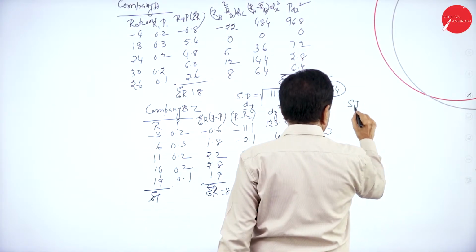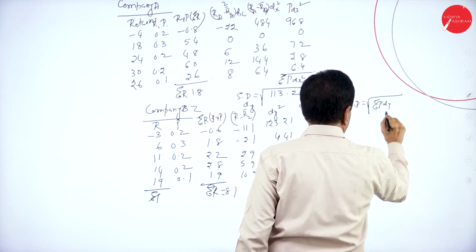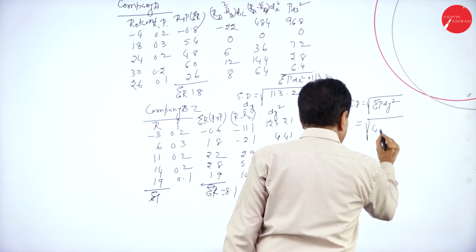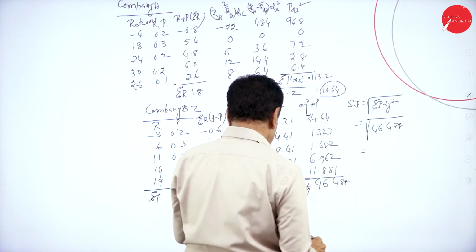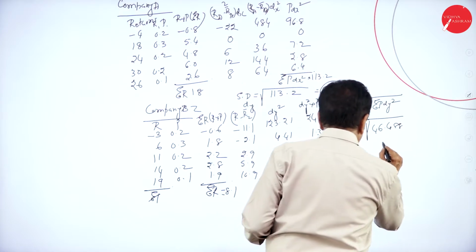Standard deviation is equal to root of sigma pdy square, which is root of 46.488. Root of this, 6.82%.